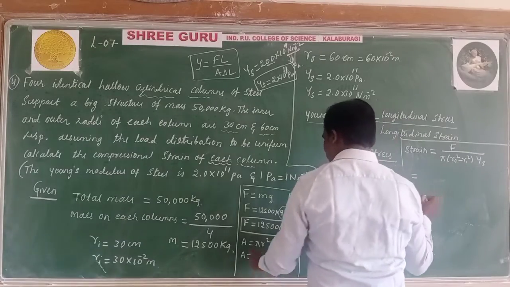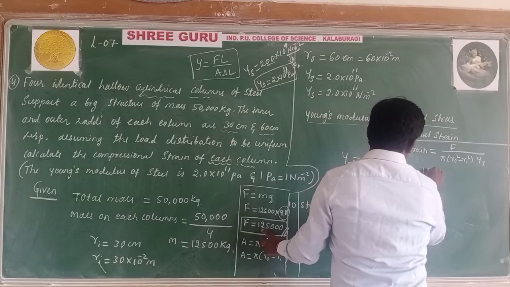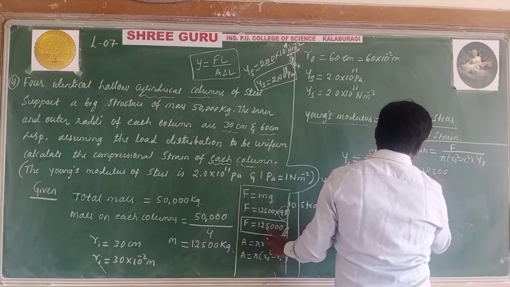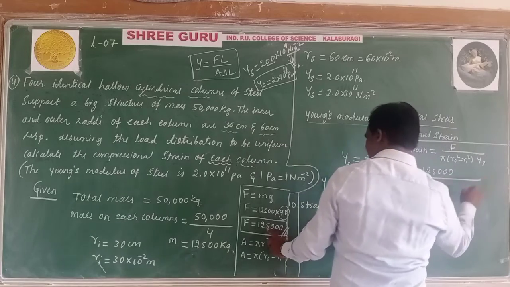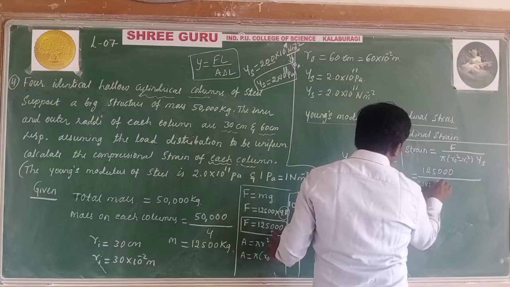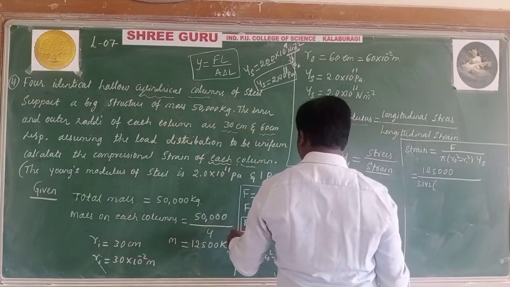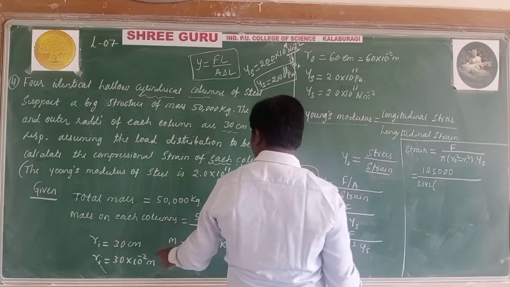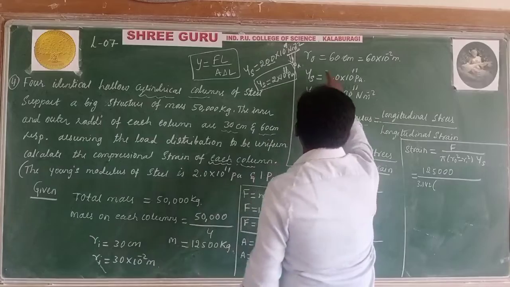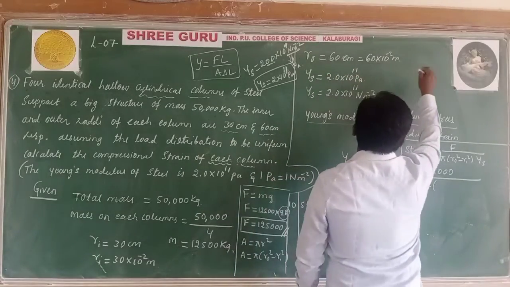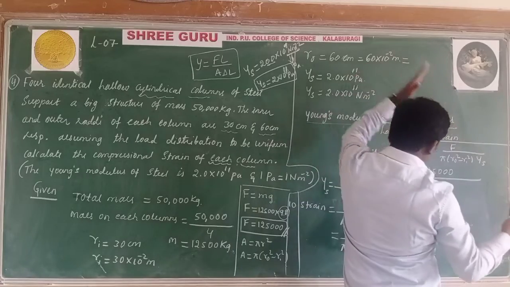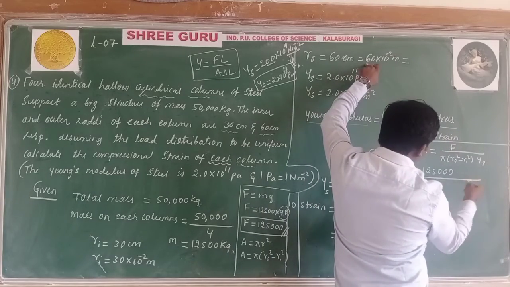Force is 1,25,000 by pi value 3.142, and R naught is the outer radius, 60 centimeter.